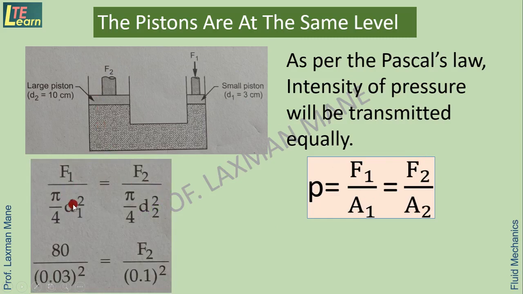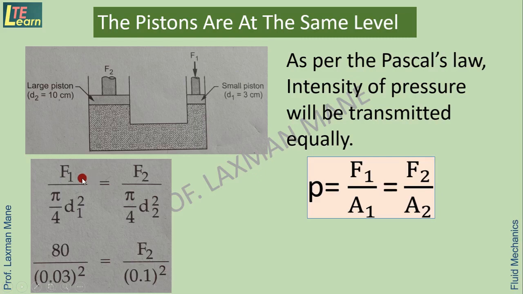Now area is pi by 4 into d square, because the cross section is circular, that is cylindrical. So pi by 4 d1 square is for the small piston, and pi by 4 d2 square is for the large piston. In this case pi by 4 gets cancelled. What remains is F1 by d1 square equal to F2 upon d2 square.